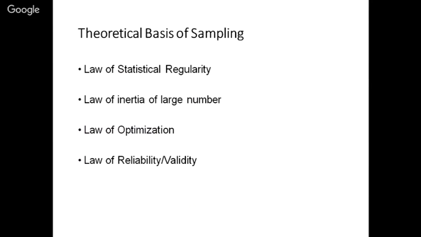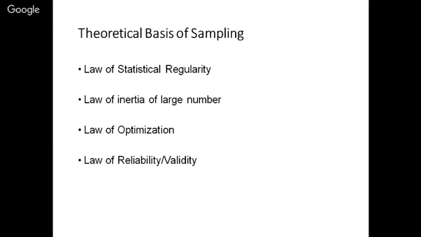What will the researcher do? The researcher will randomly select a few students from that whole population and measure their height, and then calculate the average height of the students associated with Punjab University, Chandigarh.